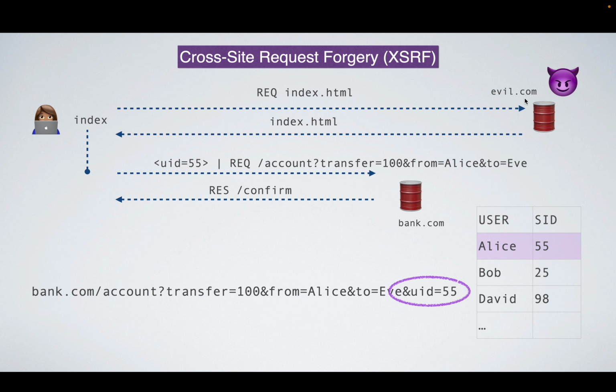And if the adversary takes a guess at your cookie and gets it wrong, then this cookie here won't match the cookie here, and then the bank will say, I'm not accepting that, I'm not doing the transfer. And if the adversary sends it without the cookie, the same thing will happen. It will say, I don't recognize that cookie, there's no cookie there, so I'm not going to do the transfer.